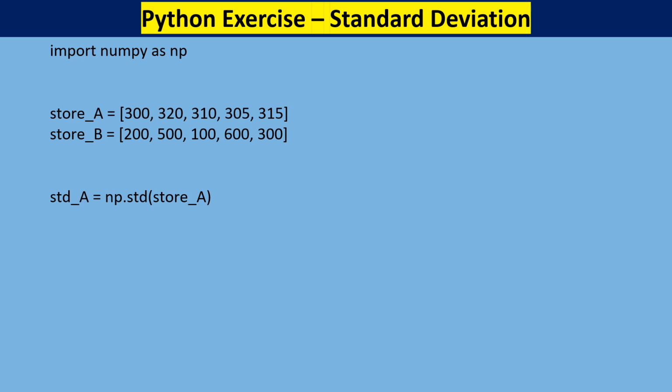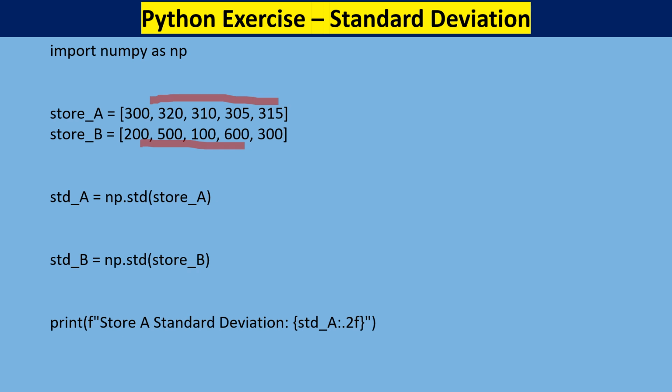Compute the standard deviation for store B, and store B's sales have extreme highs and lows, so a high standard deviation is expected, indicating more variation in sales. So we print the calculated standard deviations, rounded to two decimal places for clarity, for A and B.